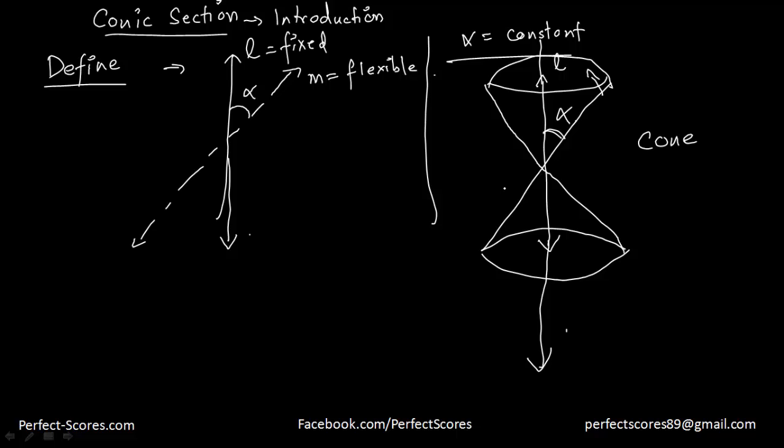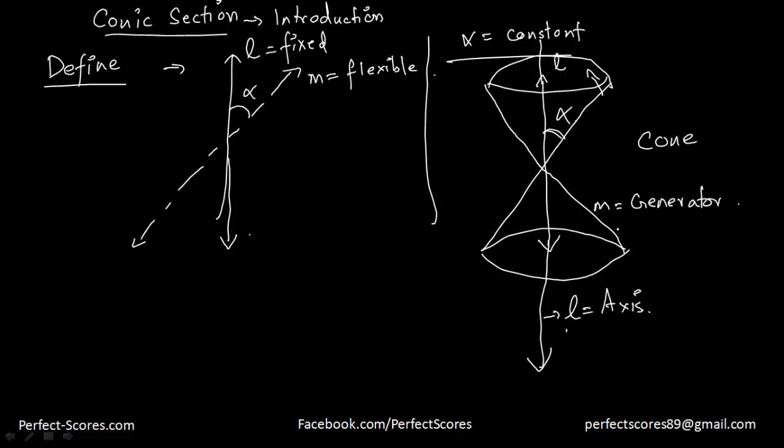In this cone, the line L is known as the axis on which we have rotated the line. This line M is known as the generator, something that has generated the cone.